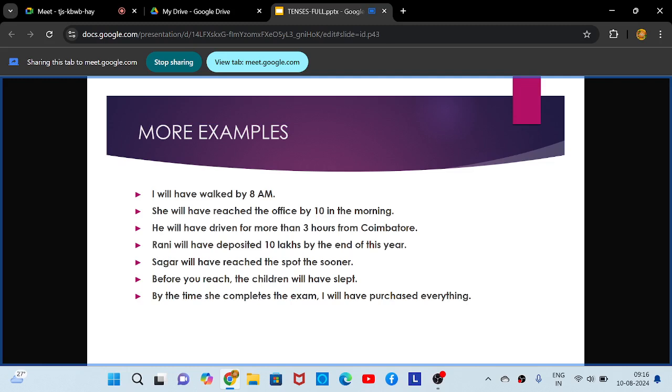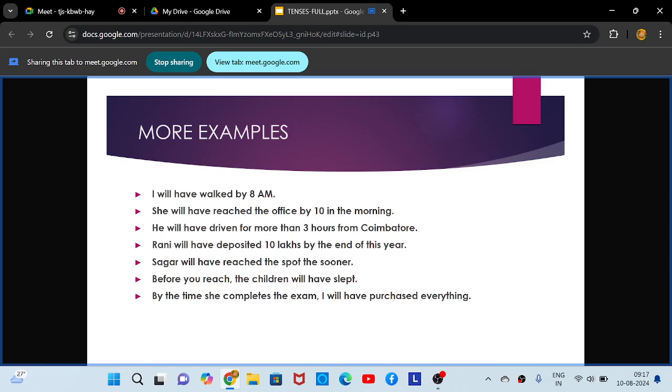Next, Rani will have deposited 10 lakhs by the end of this year. It means Rani started saving some money, still she is saving, and by the end of this year she will have saved and deposited 10 lakh rupees. Next is Sagar will have reached the spot. Before you reach, the children will have slept.